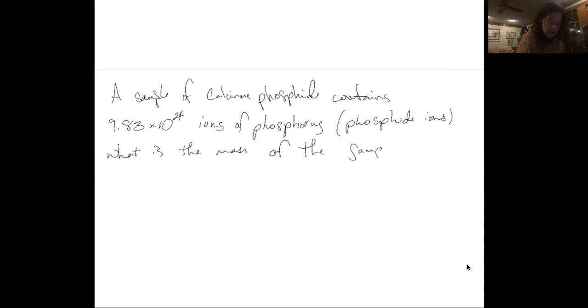Okay, so let's look at this. We are given phosphide ions, right? That's what we're given, so we know that's what we'll start with. We need to know the mass of the sample, so we need to know the mass of the compound.